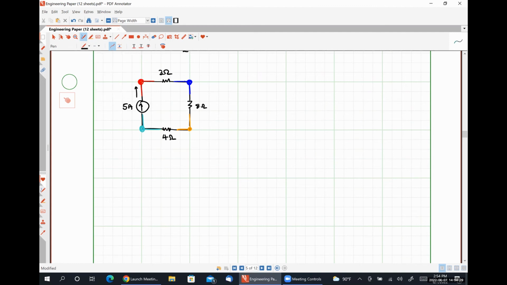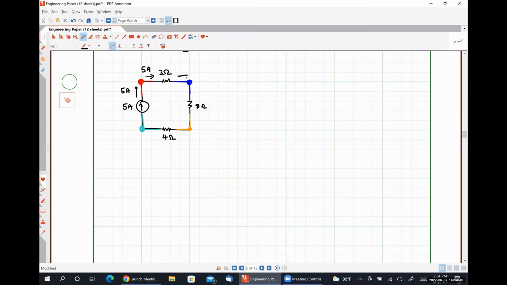So the current flowing into this red node on the upper left is obviously 5 amps. And since there's no place for the current to branch off, the current exiting here has to also be 5 amps.